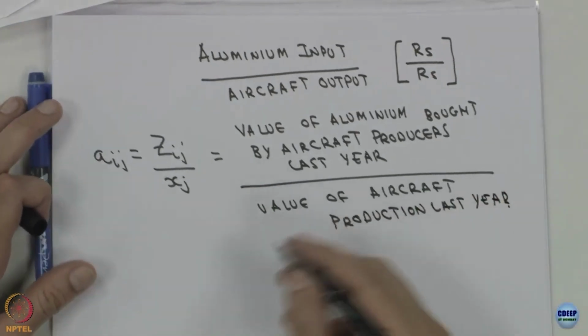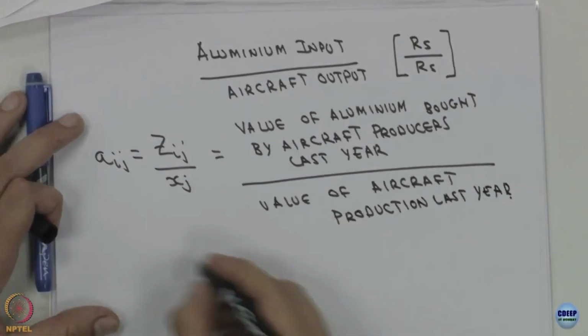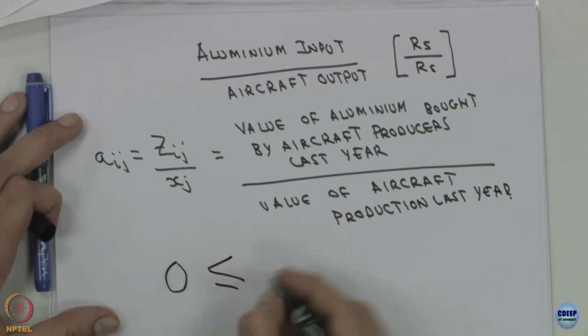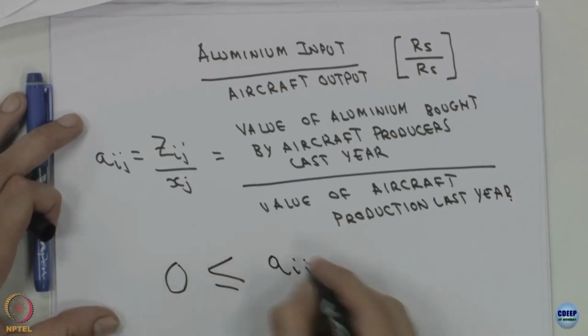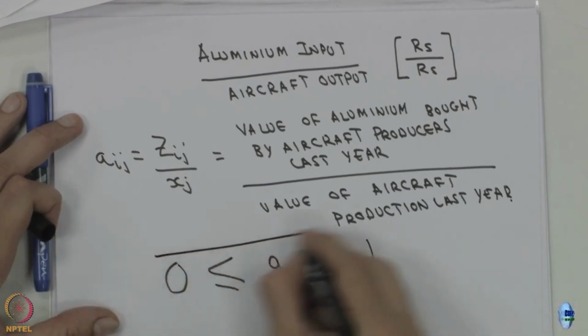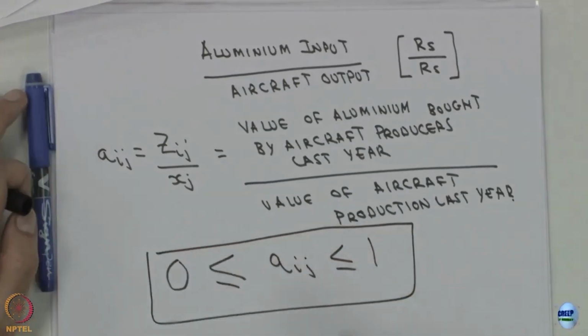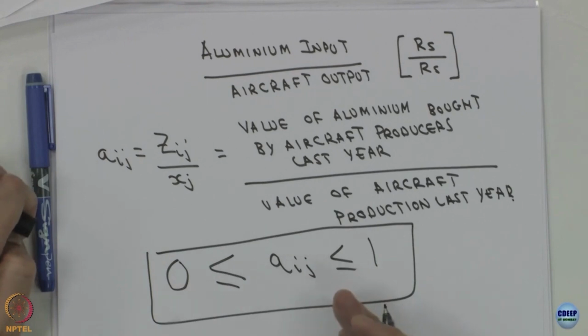Now, can we say anything about aij? So, aij has to be between 0 and 1. It cannot be negative. It is a physical amount of quantity that is required. It cannot be greater than 1 because finally the total value add that is there in that sector has to be a combination of all the value adds of different components, and since none of them can be negative, when we add it up, this is going to be there.